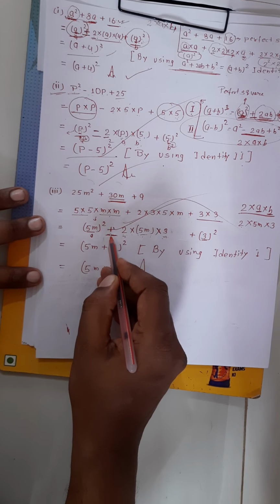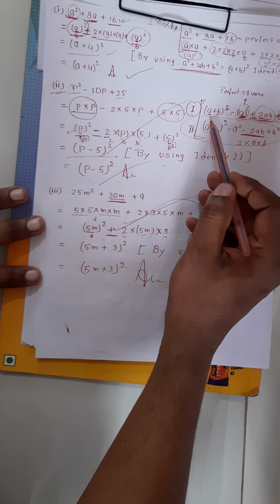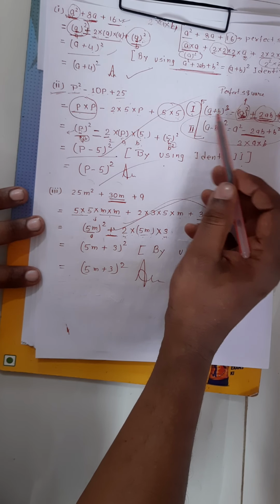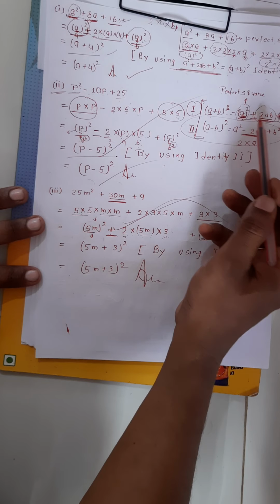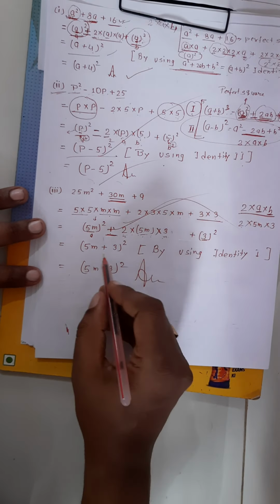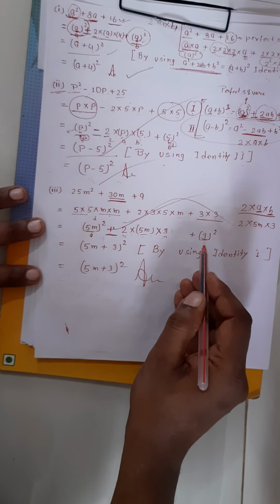So here we can apply the identity number first, because in the identity number first the sign of 2ab is plus. Okay, so our value becomes whole square of a plus b.